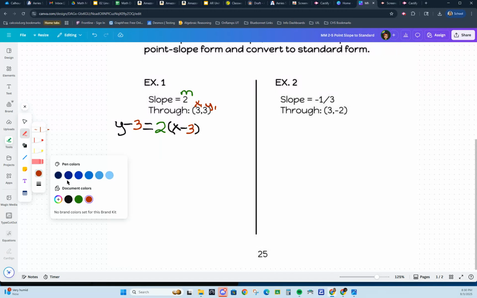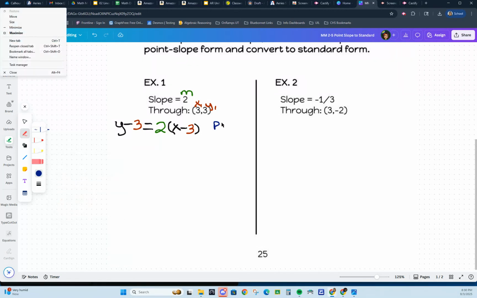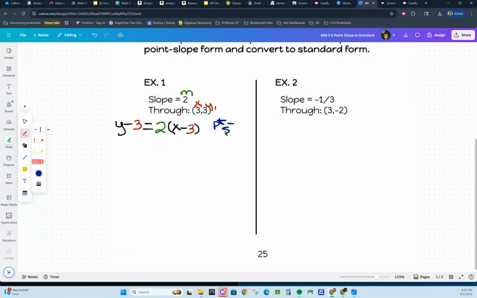Now, this is our point slope form. So from there, in order for us to change it from point slope form to standard form, we're going to go through slope intercept form as well.